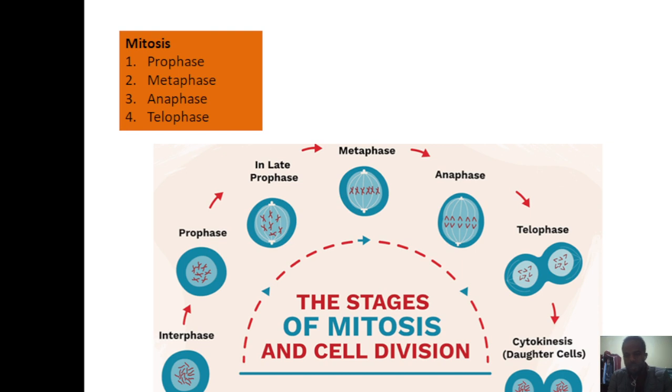Then those chromosomes start separating. Then the separated cells start dividing, and finally at cytokinesis, the 2 identical daughter cells are formed. So just remember the activity that takes place in each stage.